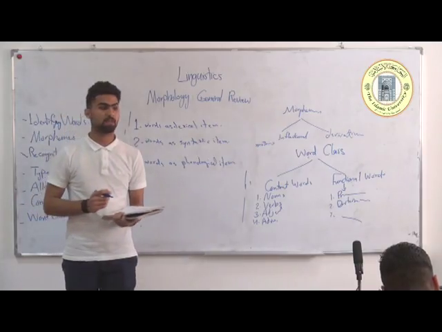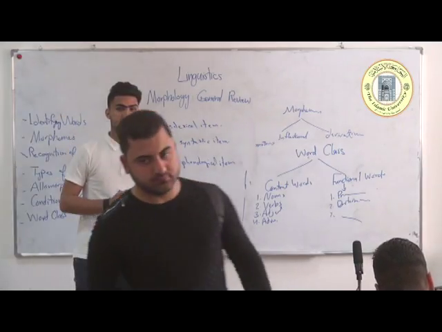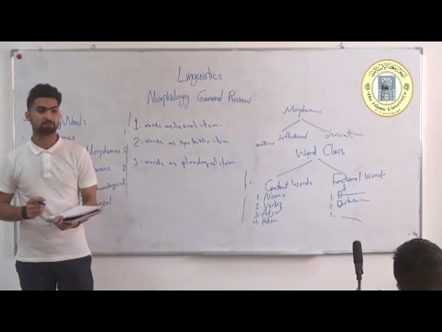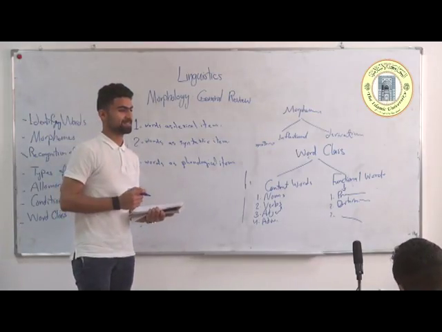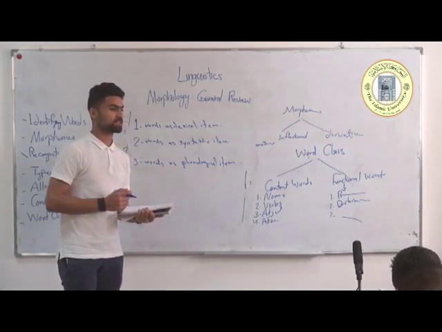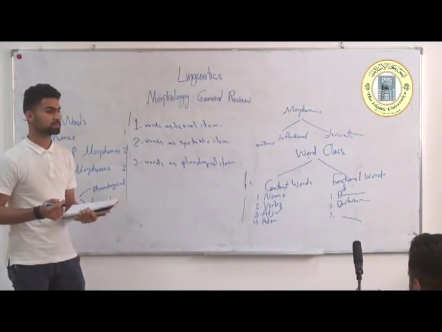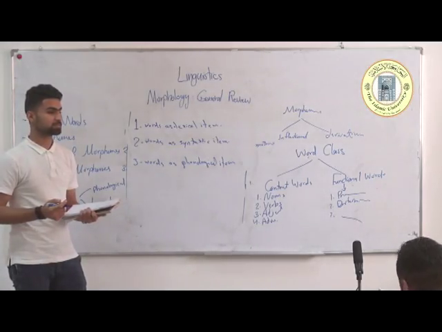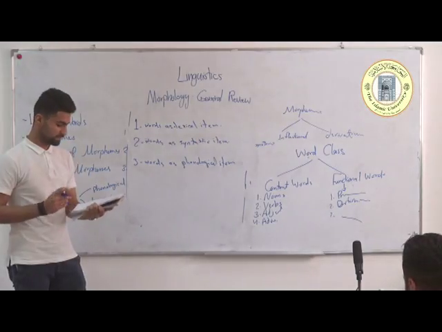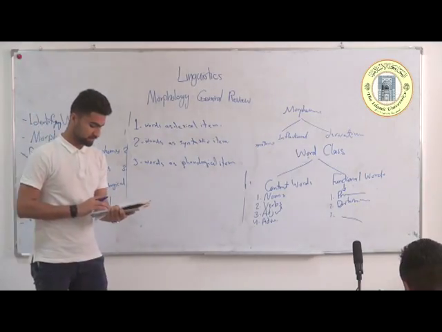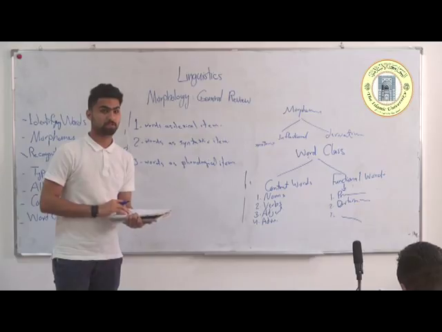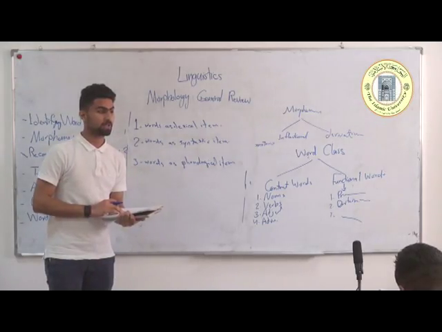Another definition: a morpheme is a word or a part of a word that recurs in a relative position.